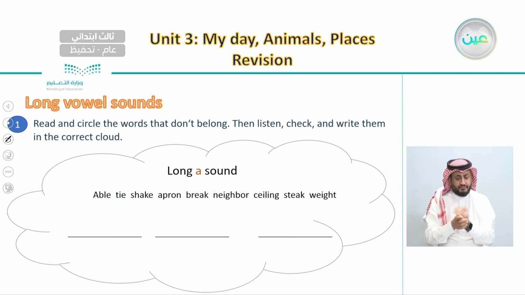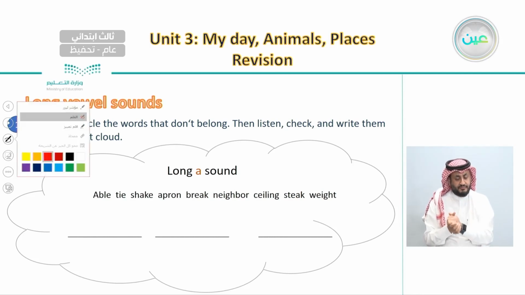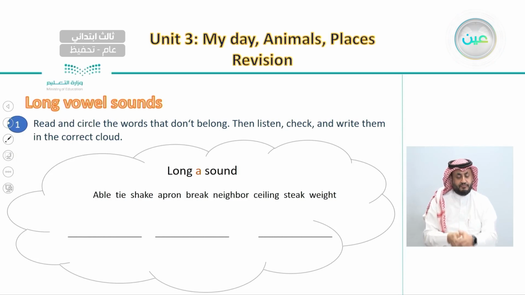Let's listen, and after this we're going to circle the words that do not belong. So the long A sounds are able, tie, shake, apron, break, neighbor, ceiling, steak, and wait.